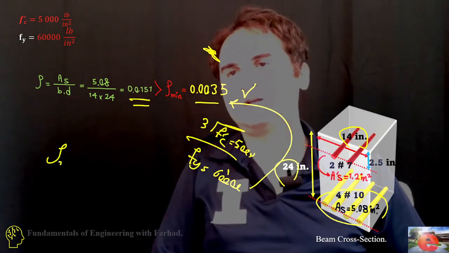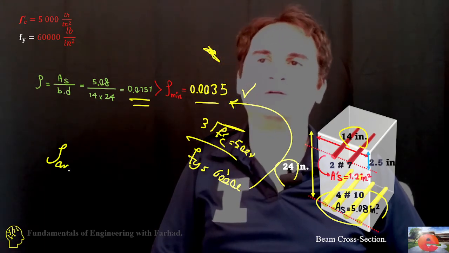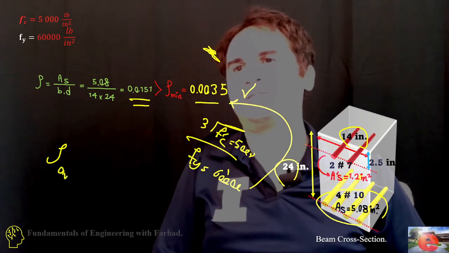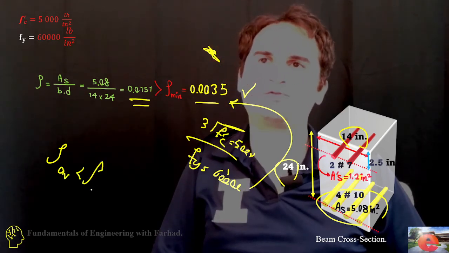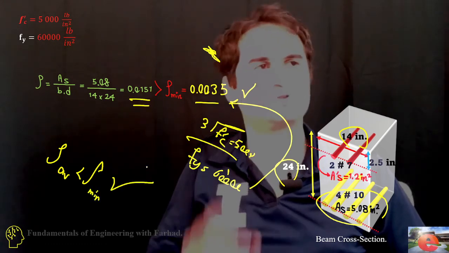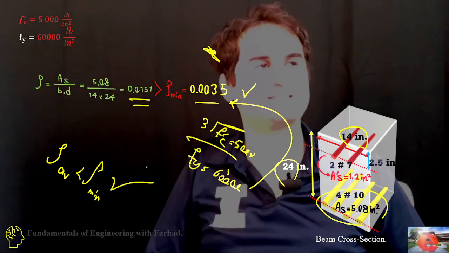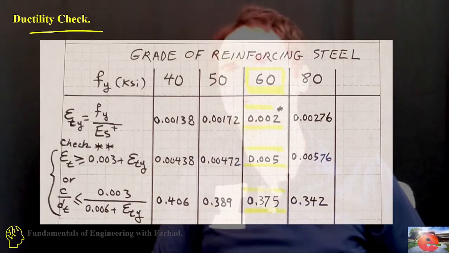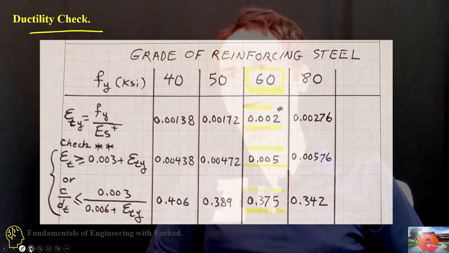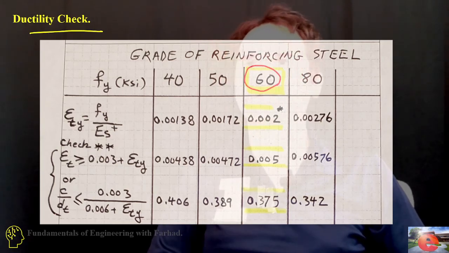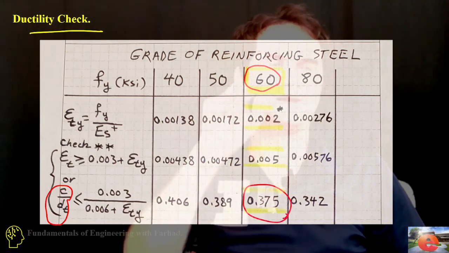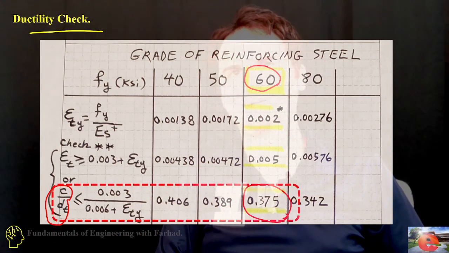So our available rho is bigger than the ACI code minimum, so we satisfy the minimum requirement. Let's see the maximum requirement as well. The maximum requirement for ductility is this table. For grade 60 steel, we need to double check that c over d should be smaller than 0.375.